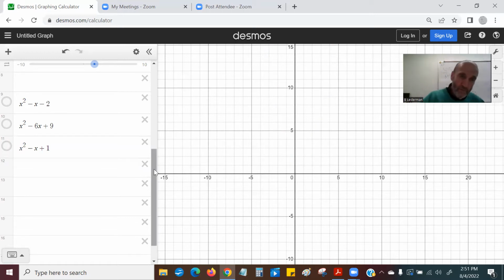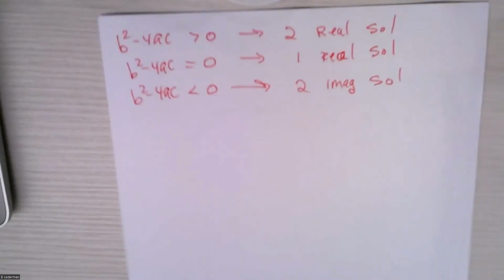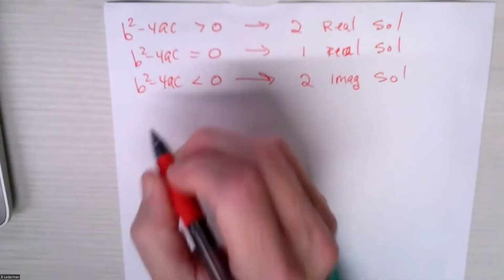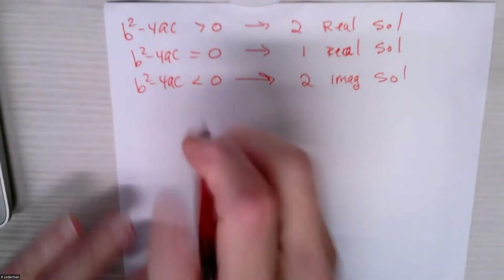All right, now I wanted to mention a couple more things before I start looking at Desmos too much. Back to our parabola, y equals ax squared plus bx plus c.